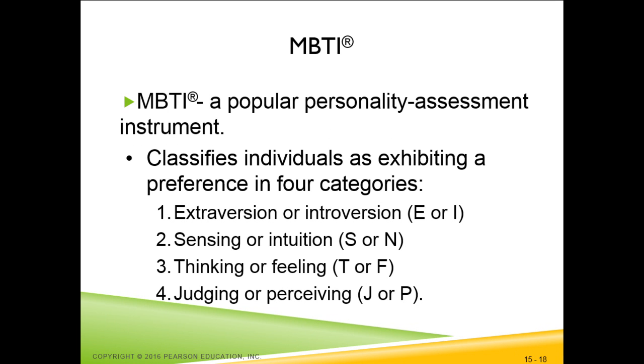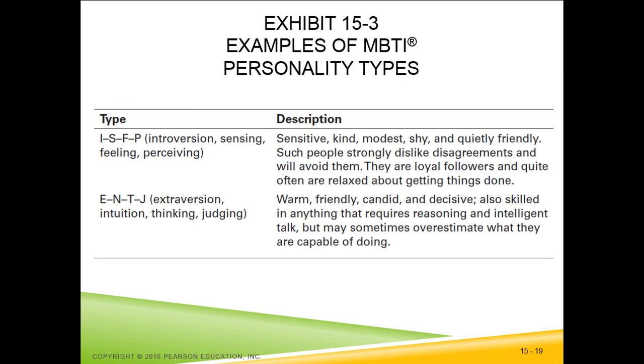This 100-question assessment asks people how they usually act or feel in different situations. On the basis of their answers, individuals are classified and exhibit a preference in 4 categories. Here are the 4 categories. How would you score on this test?